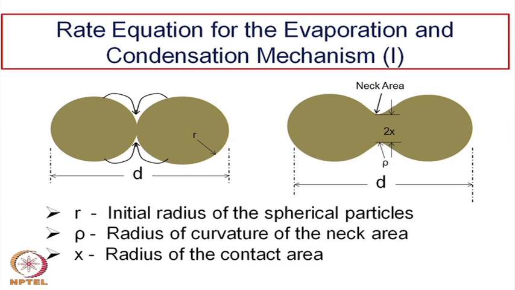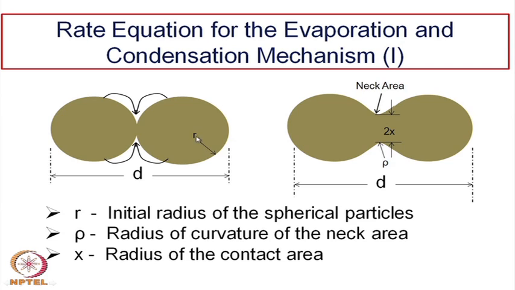With this physical concept, let us try to look at the rate equations, whether we can write some equations relating the different parameters: the time, the temperature, how the growth is taking place and at what rate, what the time dependence and temperature dependence is, and whether there is any particle size dependence of this rate. For that, we once again take the same example, same pictures.